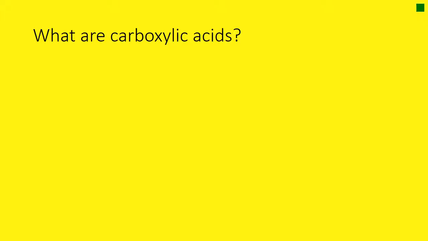So let's study what carboxylic acids are, and we can draw the functional group. Again, we're going to have an alkyl group connected to an alpha carbon, which has the carbonyl group on it. But as well as the carbonyl group, we also have a hydroxyl group.